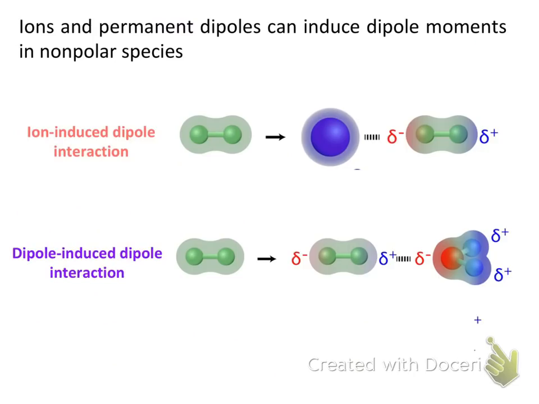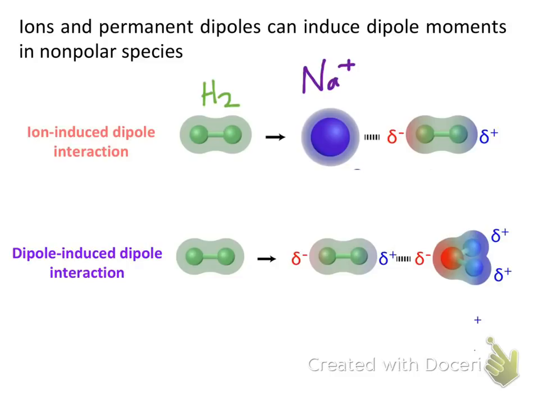And as one final note for this unit, ions and permanent dipoles can induce dipole moments in nonpolar species. So let's just take, for example, what if we have hydrogen gas, H2, interacting with, say, sodium plus, the cation? What would we expect that sodium plus cation to do to the electron density in hydrogen?